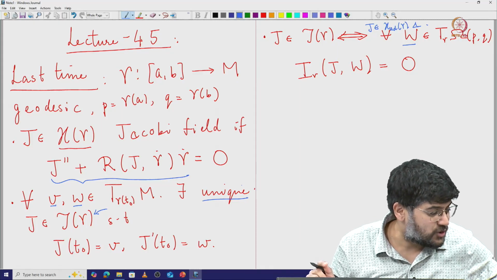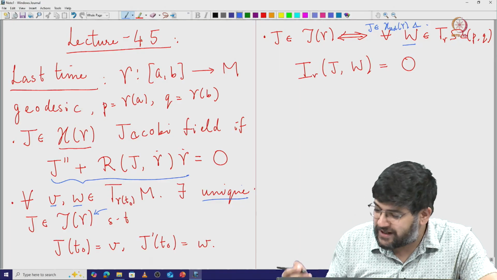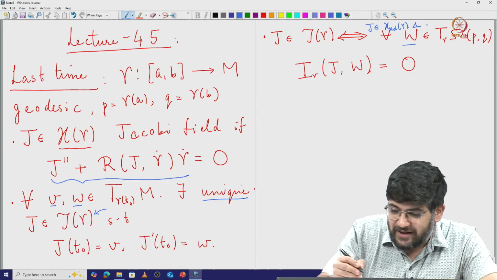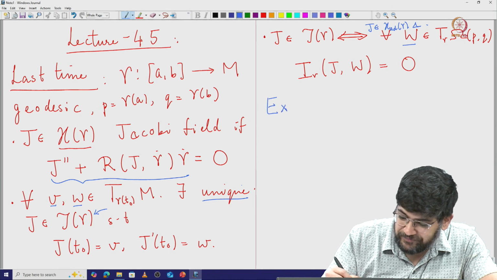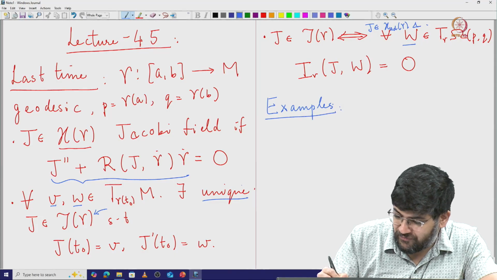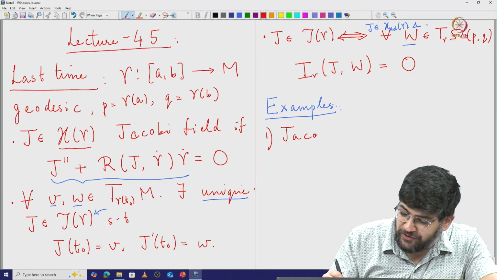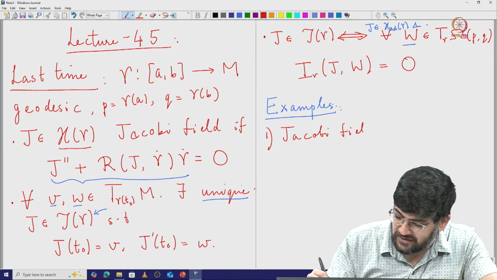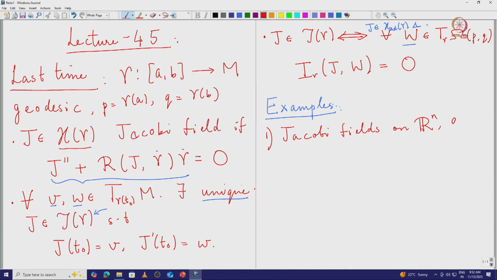Okay, so in this lecture I want to continue studying these Jacobi fields. So let me first give you a couple of examples. Let us first talk about Jacobi fields on the Euclidean space with the usual Euclidean metric, right.